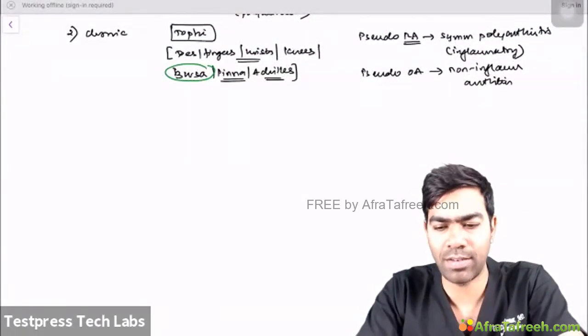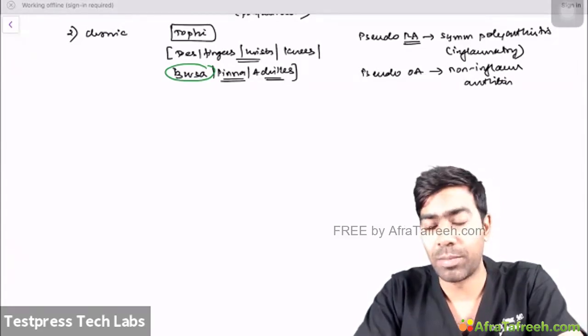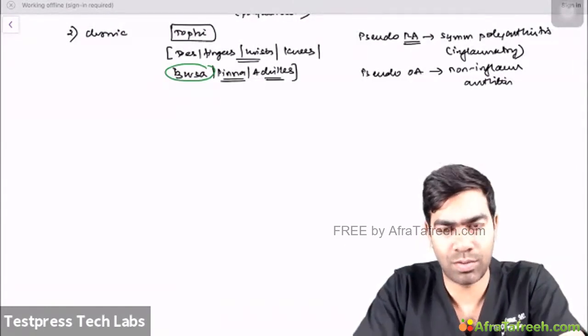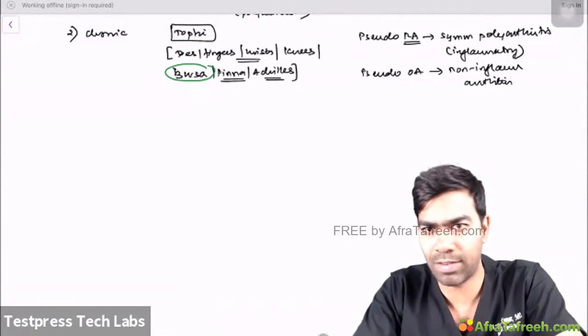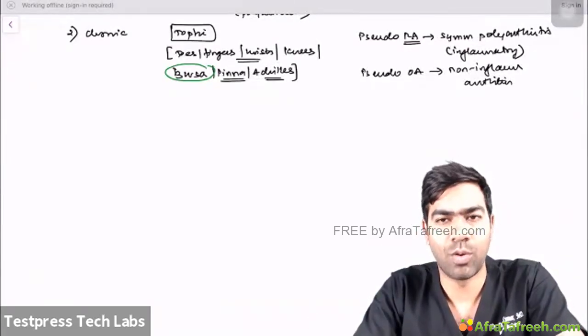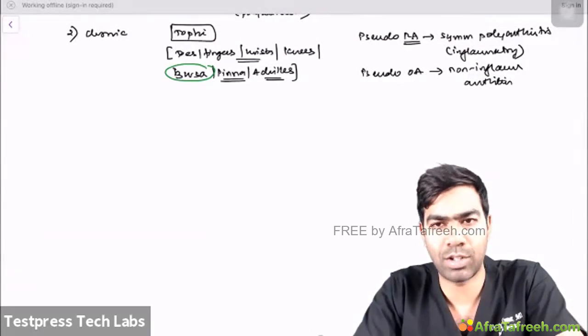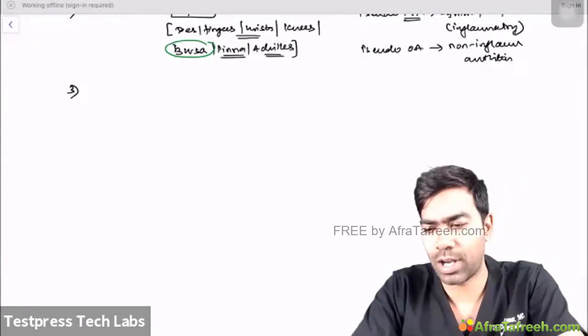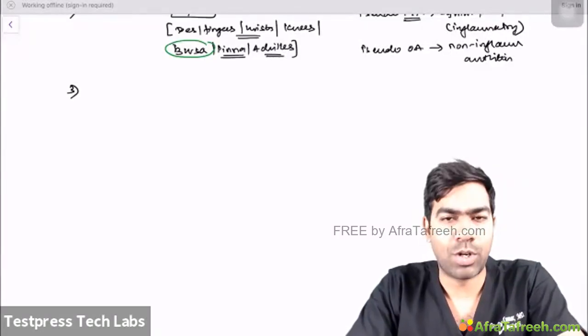If you don't have sufficient knowledge, then you will put the diagnosis seronegative RA. If you are clever enough, you can put a diagnosis of seronegative arthritis, but we don't know whether it's rheumatoid or not. Even that could be a clever form of diagnosis. But putting seronegative RA tells you that you are overconfident, and nobody will accept that. Seronegative RA means rheumatoid arthritis where the antibodies are negative.